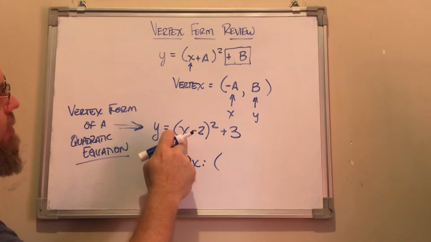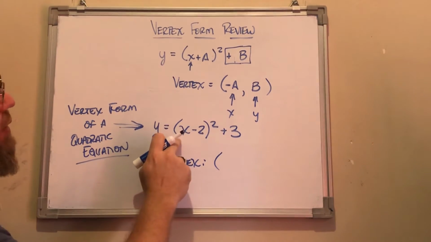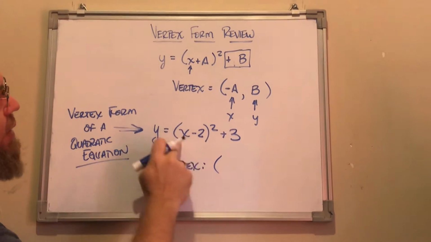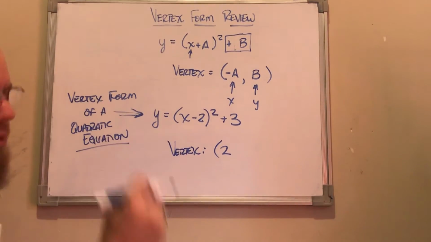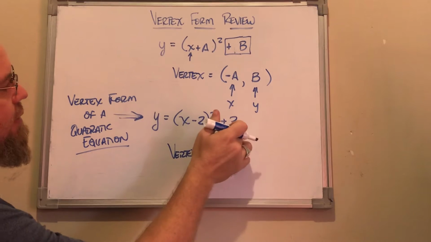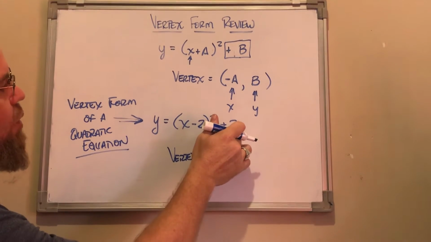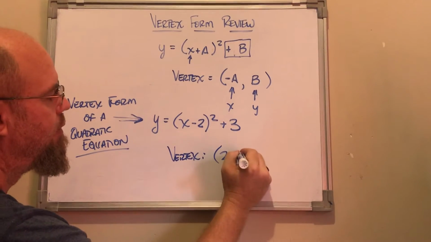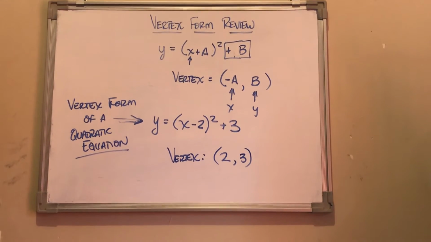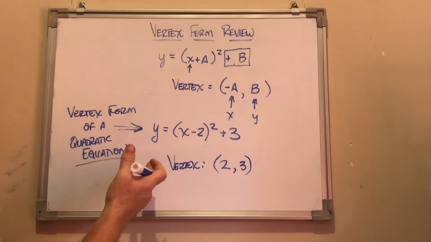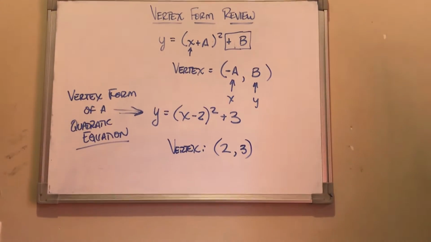The x value would be whatever x would have to equal to make this binomial equal 0. So x would equal 2, because 2 minus 2 is 0. And when this is 0, the y value is going to be 3. So that is the vertex.